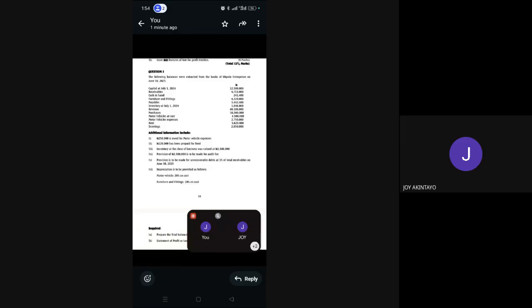Debit side. And what's the reason why we post it on the debit side?